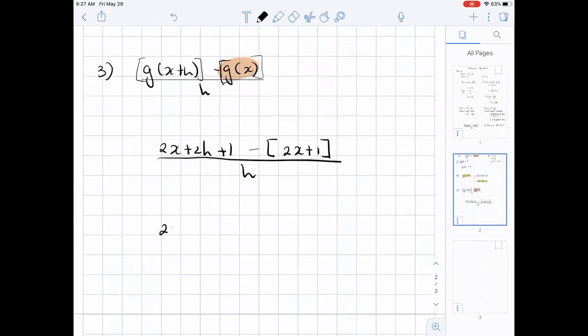Simplifying, you have 2x plus 2h plus 1. When you distribute the negative, you get minus 2x minus 1.